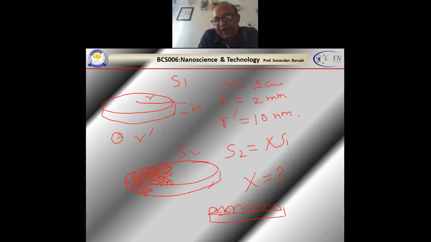So effectively, only half of the sphere here will be available for the medicine to sit on. The surface area will be only half of the sphere, the other half will be below. Okay, so it will actually finally look something like this.